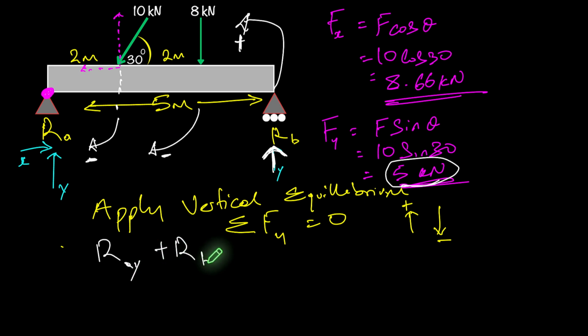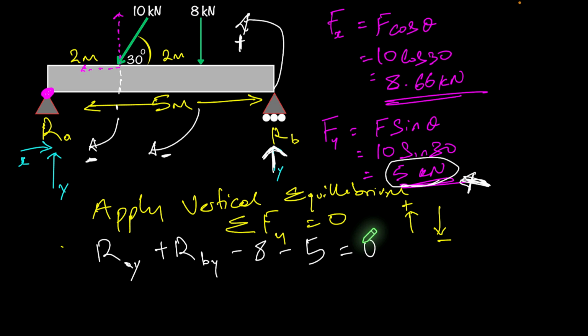And going downward, we have that 8 kilonewtons, so minus 8. And we have that vertical component that we evaluated right here, that 5 kilonewtons, that's going downward. So those are all the vertical forces that should sum to give 0.